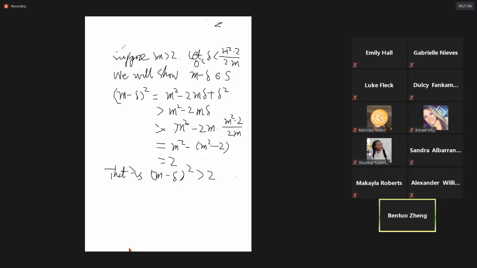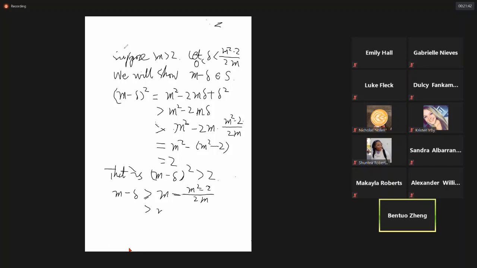And next, we'll show m minus delta is greater than 0. And m minus delta itself is greater than m minus m squared minus 2 over 2m, because we are subtracting a larger number.